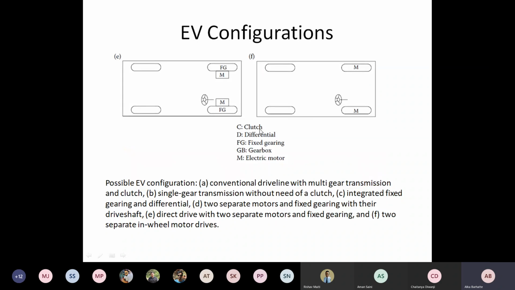And in the newer one, that fixed gearbox is also replaced. This is almost the same as that fixed gearbox, with the gearing just aligned to your wheel itself. The last configuration represents motors directly driving your wheel.